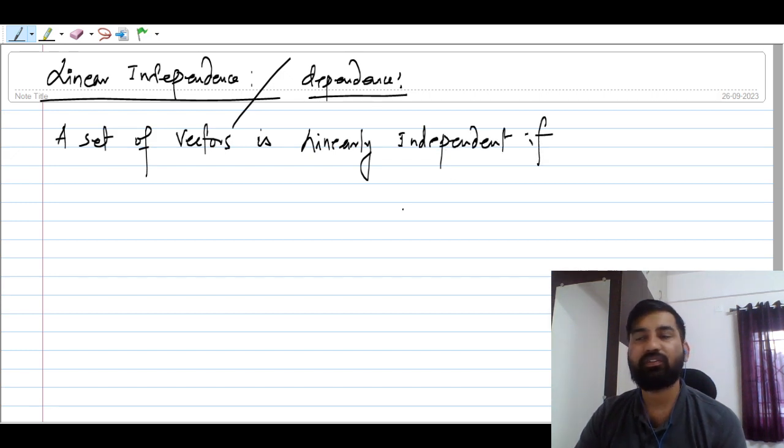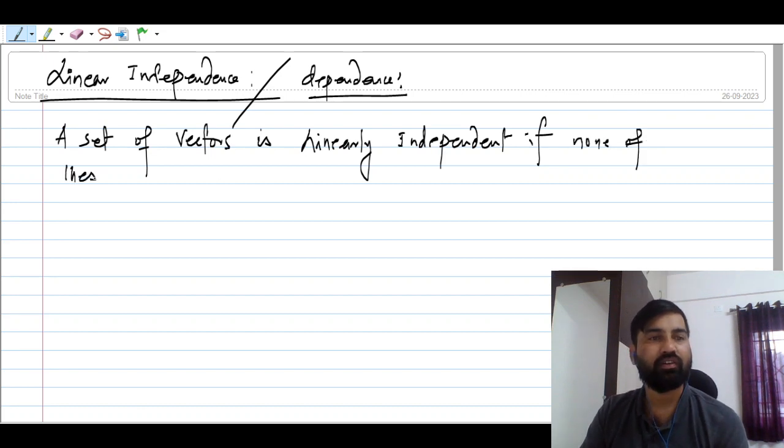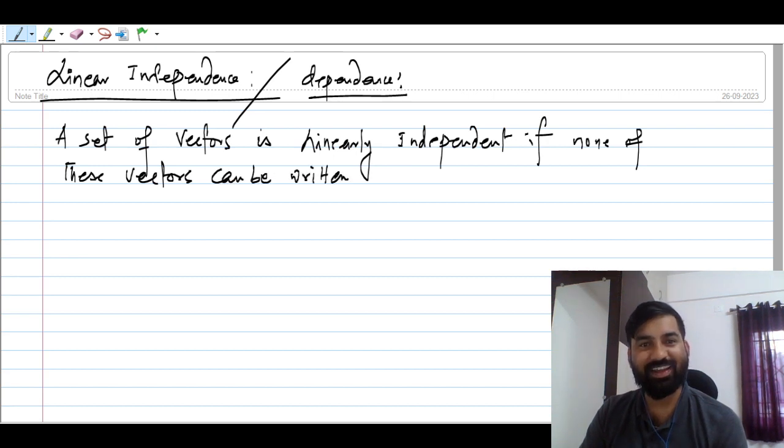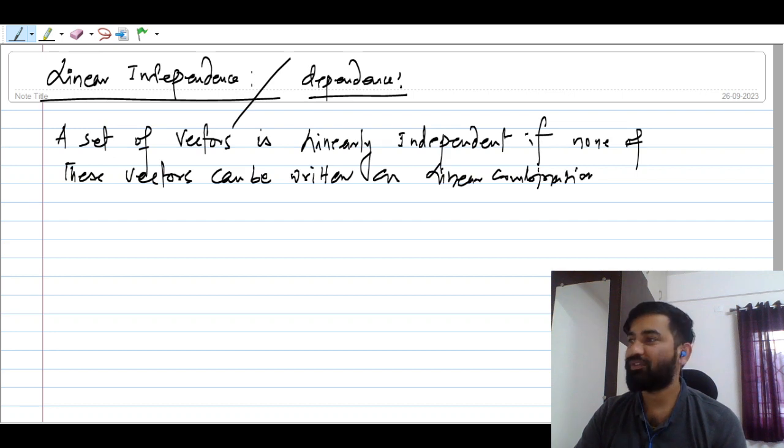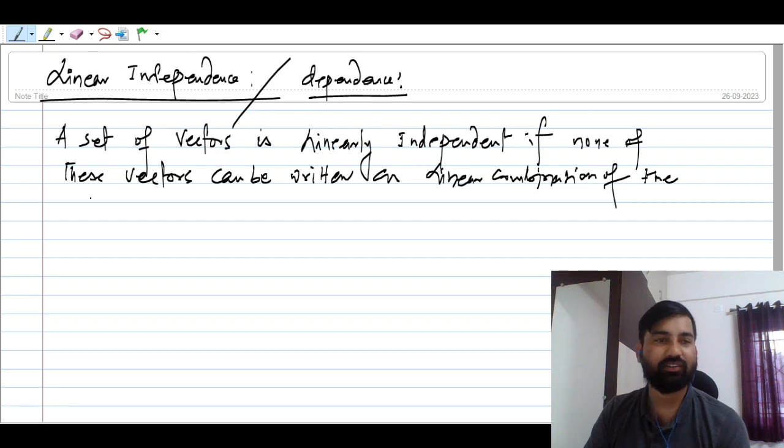if none of these vectors can be written as a linear combination of the other vectors, okay?